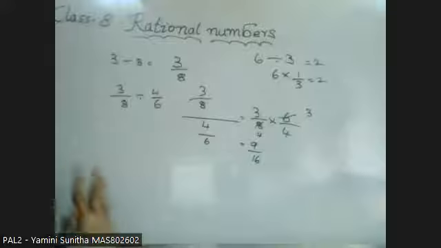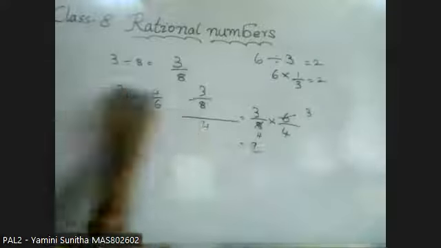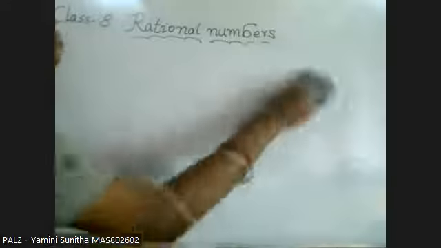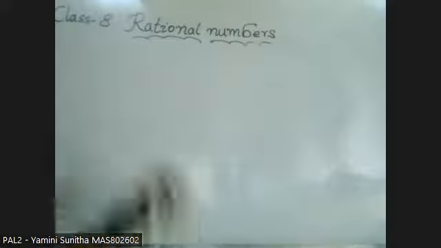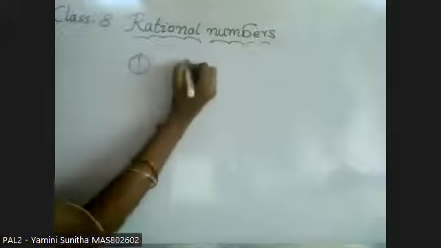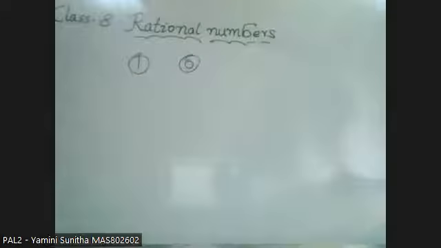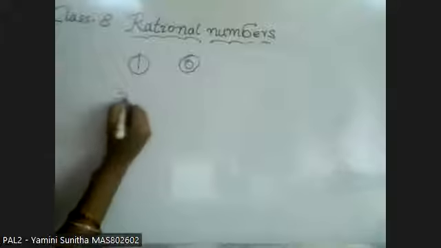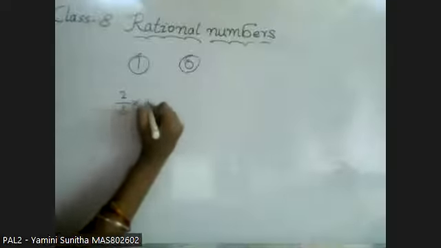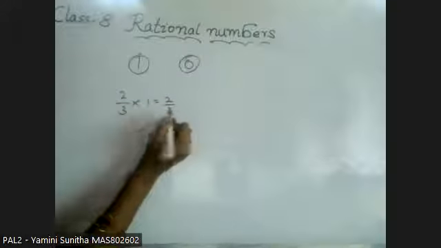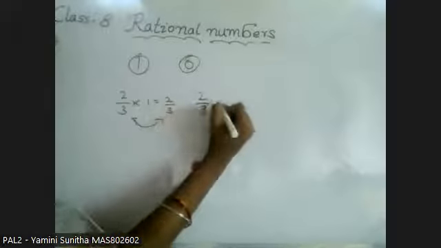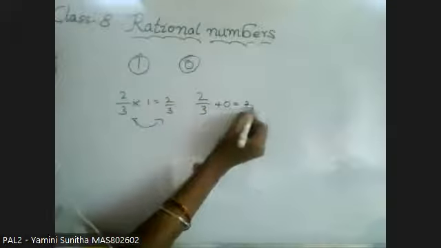This is the way we have to do operations like addition, subtraction, multiplication, and division in rational numbers. And two more concepts are there, like how operator 1 and operator 0 are applicable. If we multiply any rational number with 1, we will get the same rational number; its value does not change. If we add 2 by 3 plus 0, we will get 2 by 3.